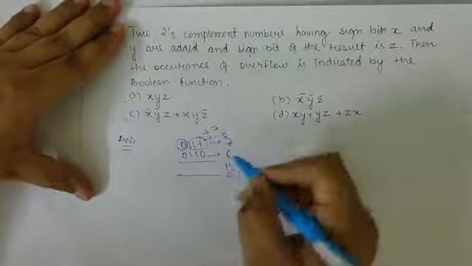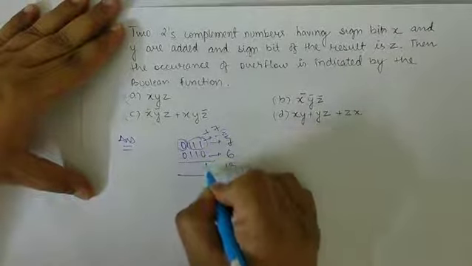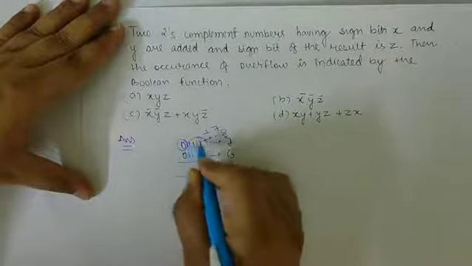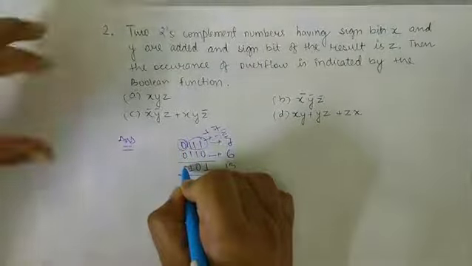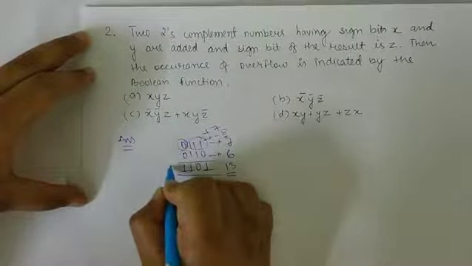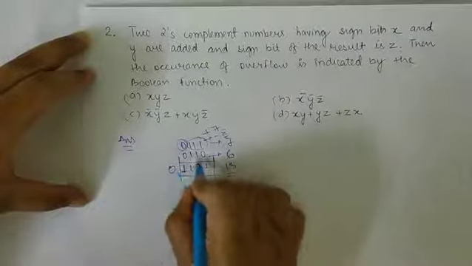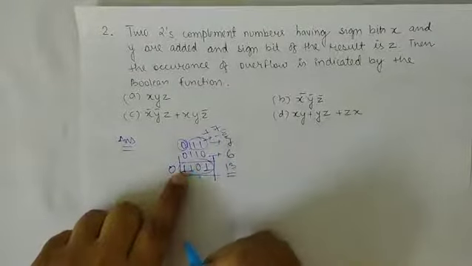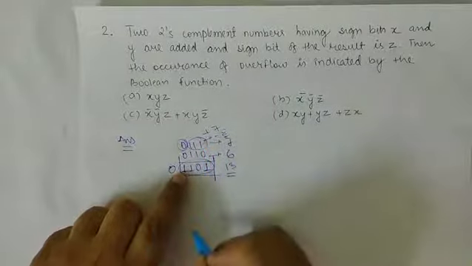So 13 cannot be represented, and the result will be 1, 1, 1, 0, 1 with a carry. If you look at only these bits, this looks like a negative number, but the actual result is positive. That means there is an overflow.